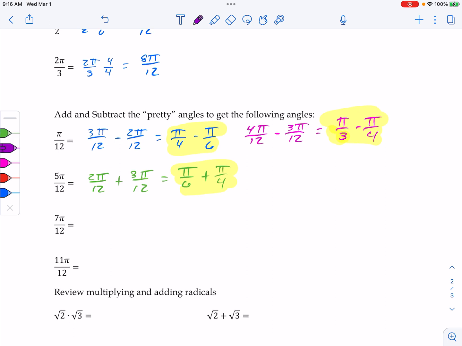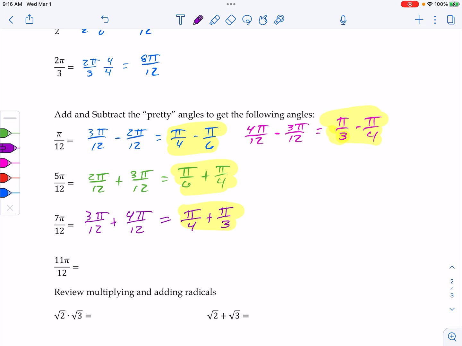Alrighty. 7 pi over 12, let's do 3 pi over 12 plus 4 pi over 12, which is pi over 4 plus pi over 3. So there's my sum that I'm going to use.